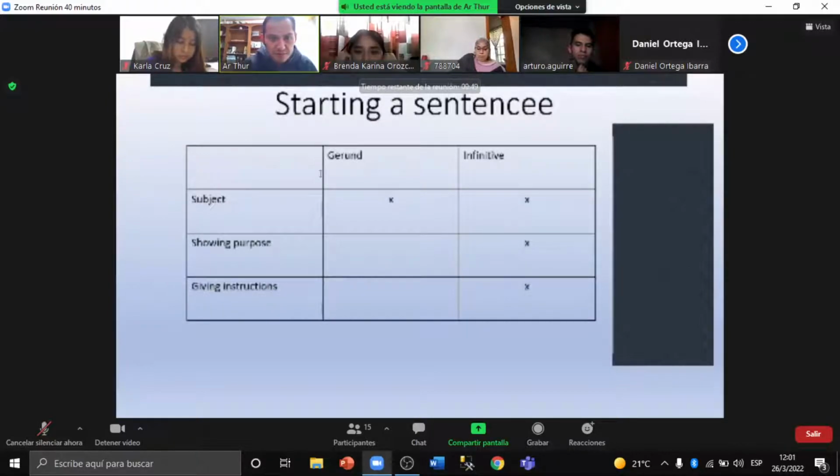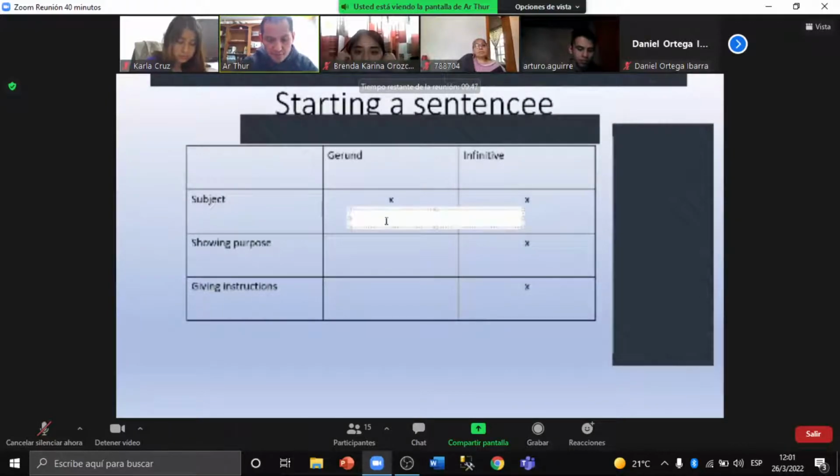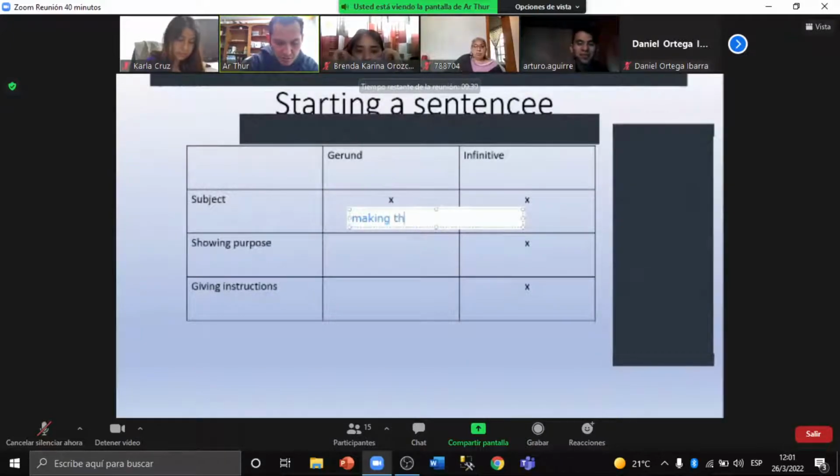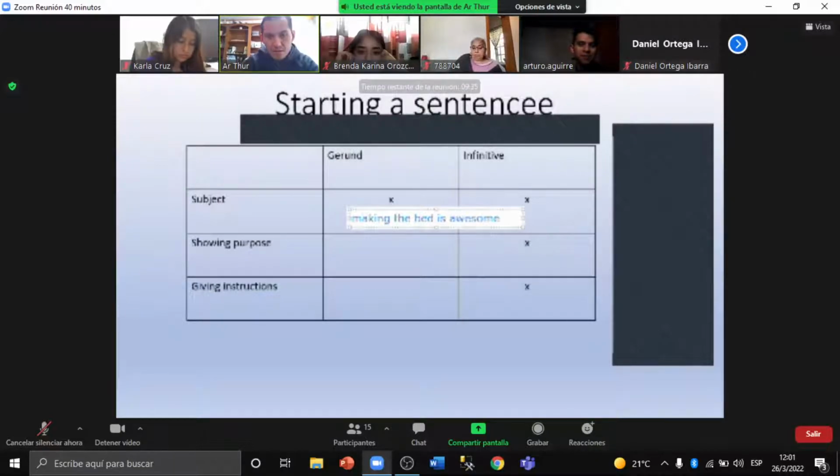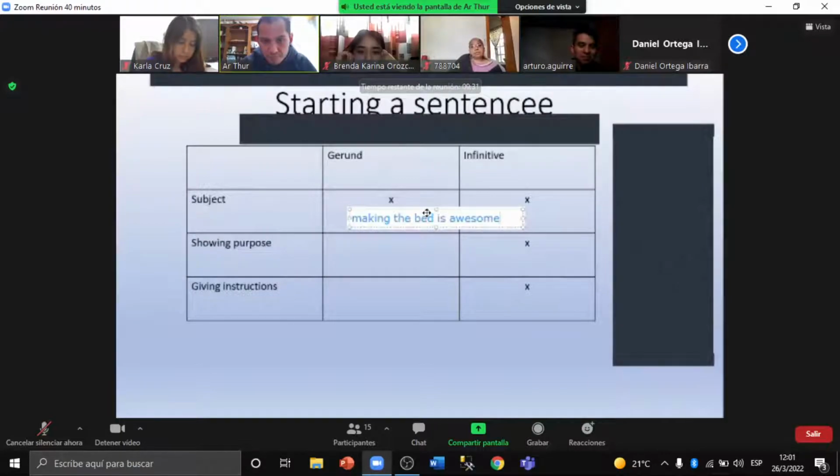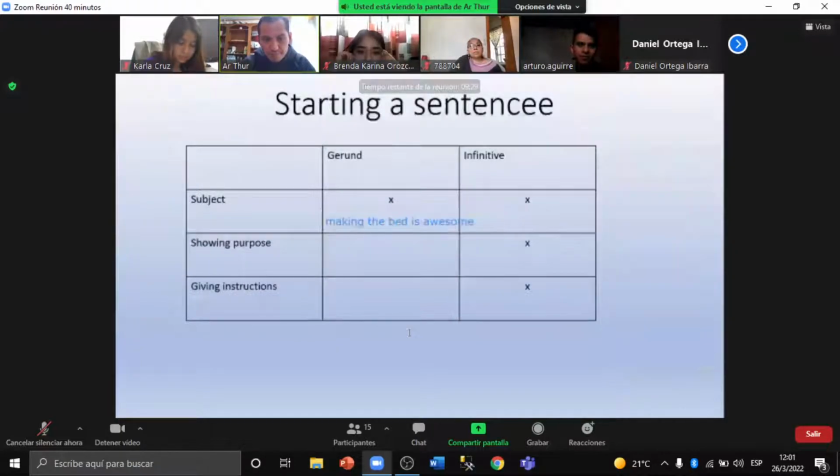For example, making the bed is awesome. In this case, you use the ing like a subject.